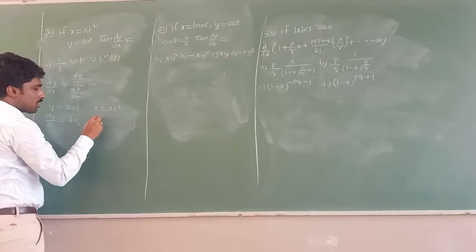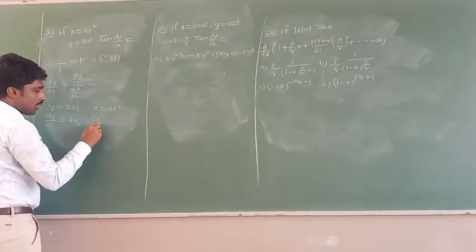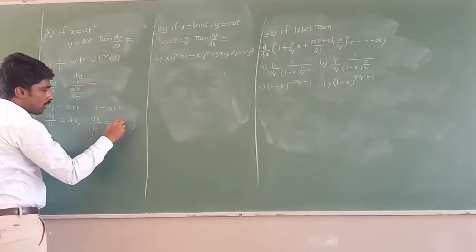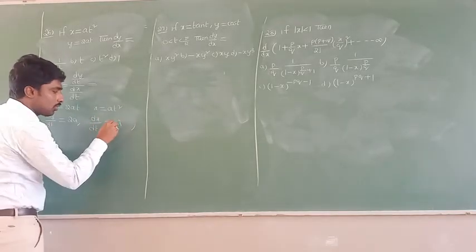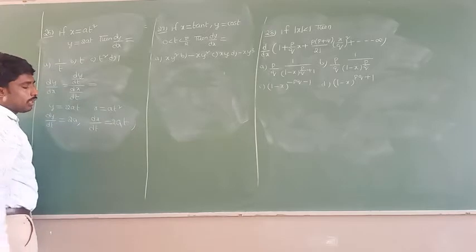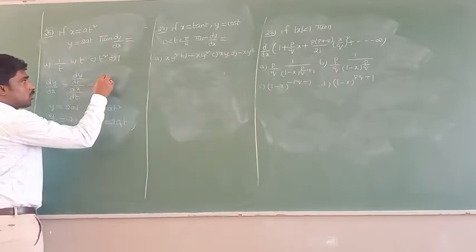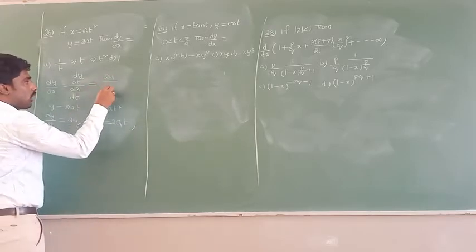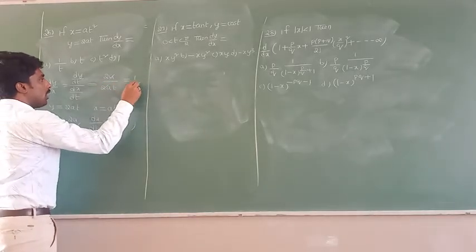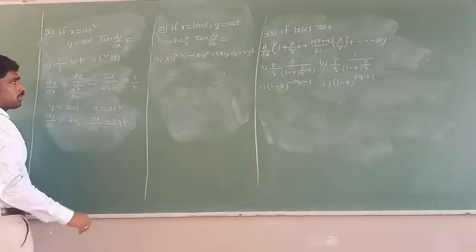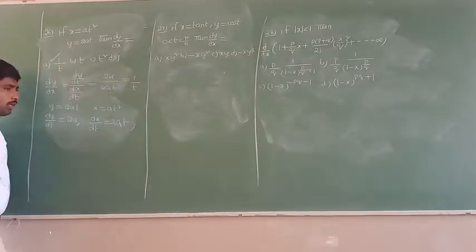If I differentiate with respect to t, dx by dt equals a into the differentiation of t square, which is 2t. So what will we get? 2at. So if I substitute 2a by 2at, the 2a gets cancelled. What am I getting here? 1 by t. Now all of you see the options. Option A is the correct answer.